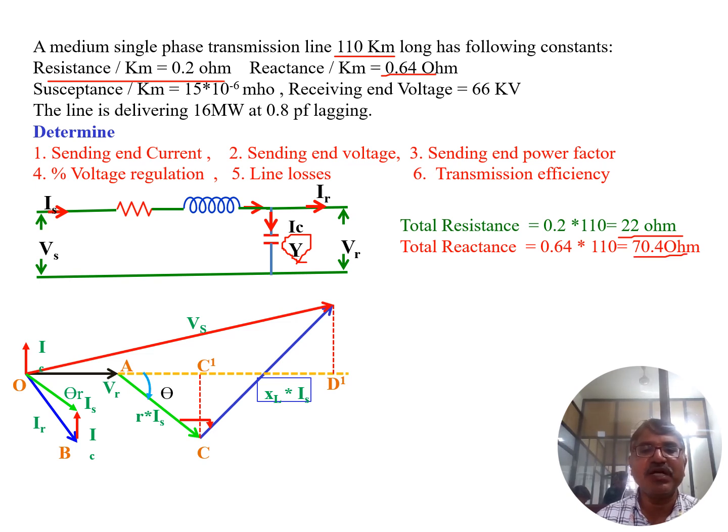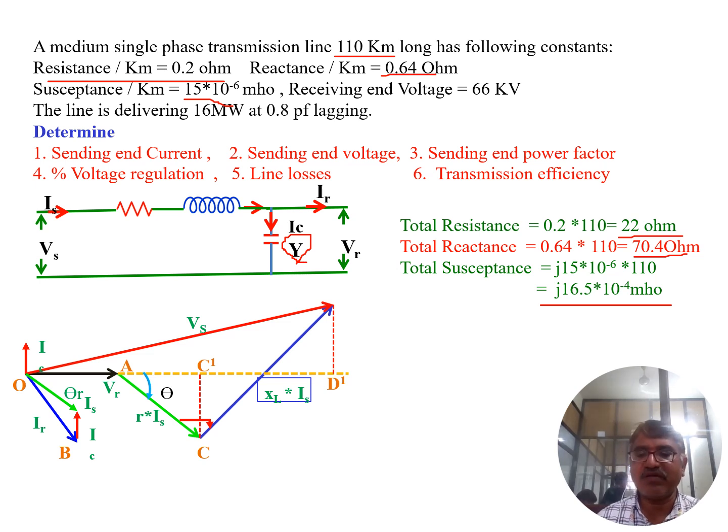Similarly, we have to determine the total susceptance of the transmission line. Per kilometer susceptance is 5 into 10 to the power of minus 6, the given value, multiplied by 110 kilometers. So total susceptance of the given transmission line is equal to this much.